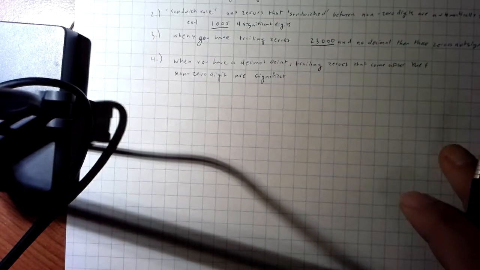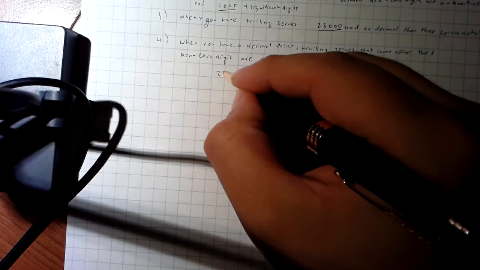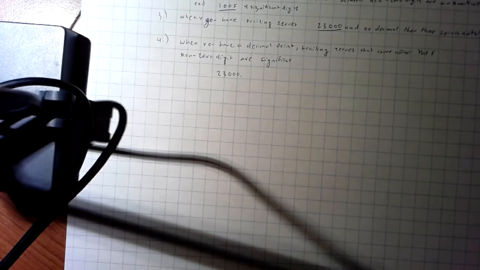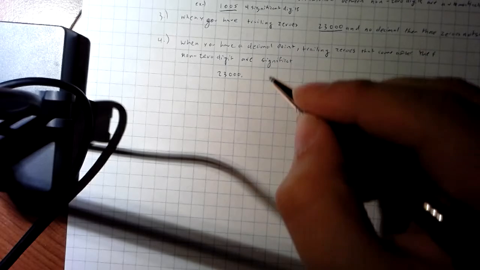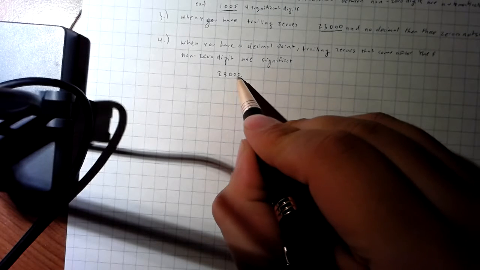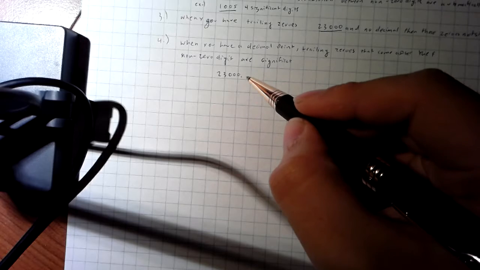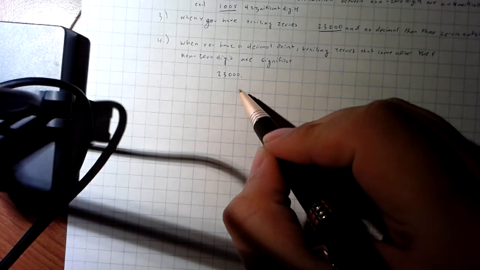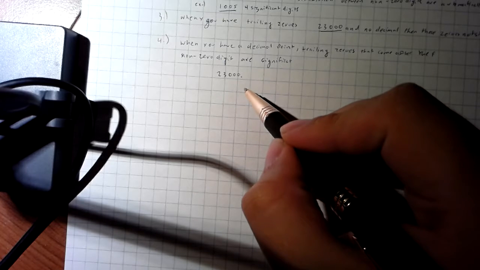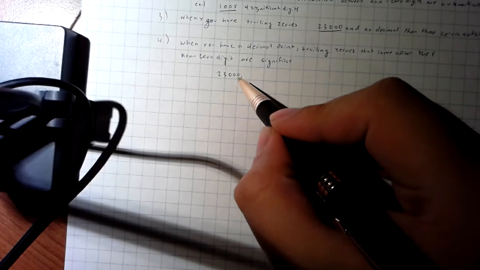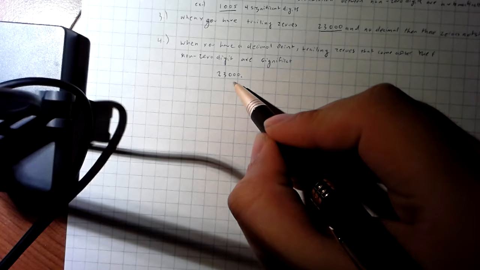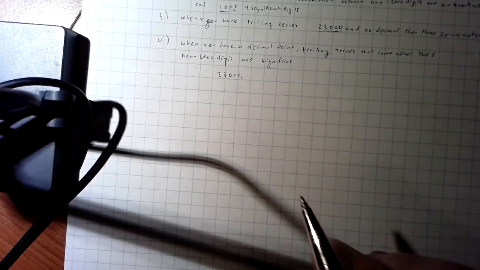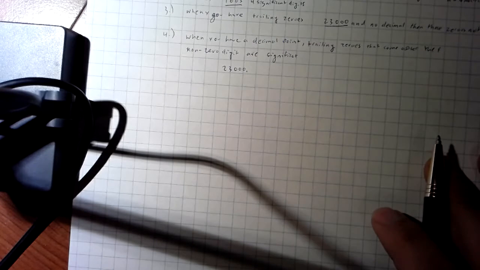Let's look at the same example. Suppose we had 23,000, but this time with a decimal point. Just by putting the simple decimal point, we have turned these 3 zeros into significant digits. So now this number would have 5 significant digits. That decimal point makes a huge difference. If it's there, this number has 5 significant digits. If it's not there, it only has 2. So pay careful attention to that.